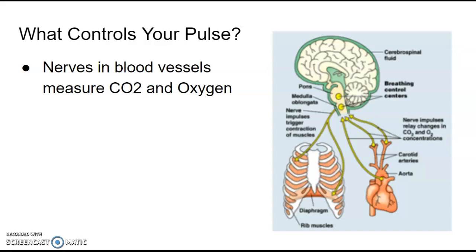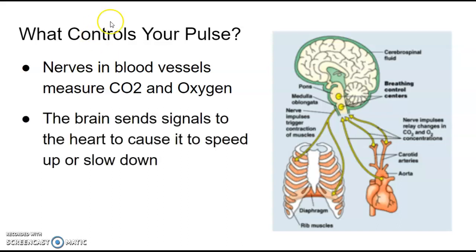We had talked previously a little bit about how carbon dioxide's acidic. If you have too much of it in your bloodstream, your sensors will pick up on this and they will say, oh, it's too acidic. We need to increase our oxygen. And so it'll trigger your body to breathe more, and then it'll also trigger your heart to beat faster.